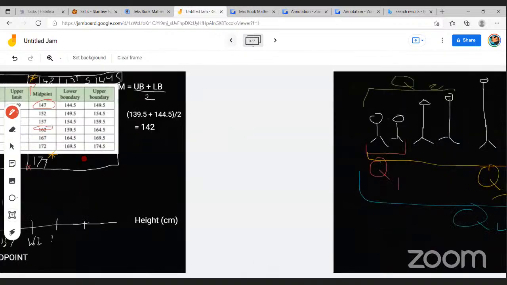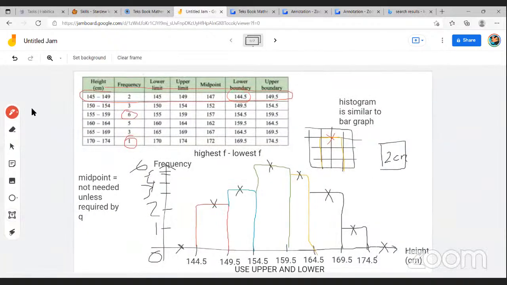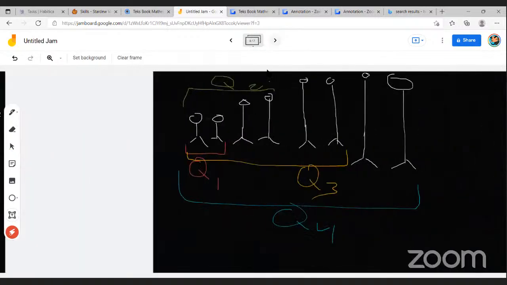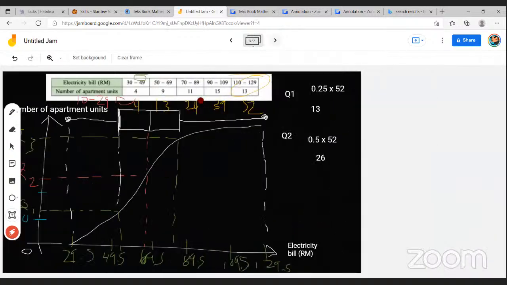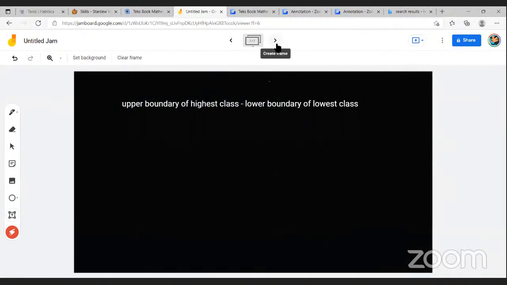The students have to be within the range of 144.5 to 174.5. They can only be within this range because that's the range of this whole experiment. So your range is the upper boundary of the highest class minus the lower boundary of the lowest class. Make sense? Yep, I get it.